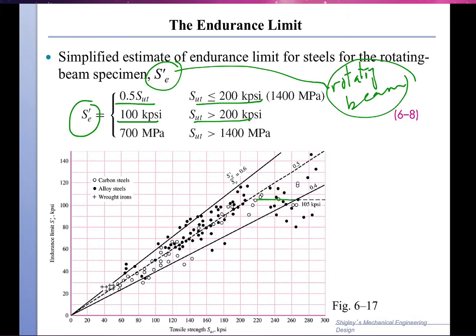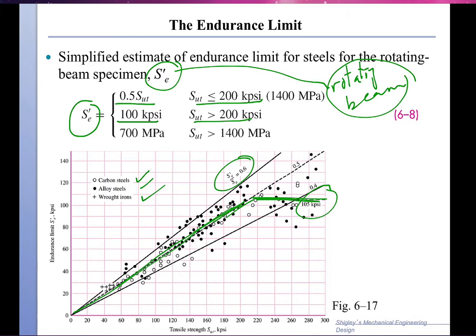So this is kind of the recommendation that we have from ASME, as you can see here from the data. You can have it higher or lower depending on whether you have carbon steel, it will be lower. Wrought alloy steels would be higher because you have the more expensive steels.